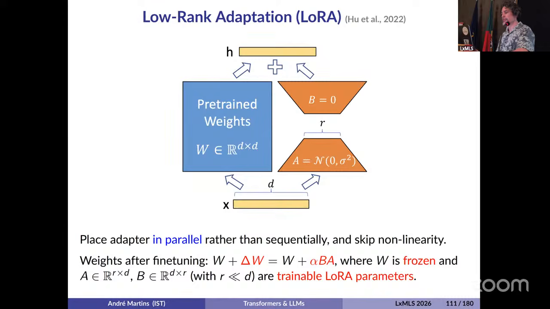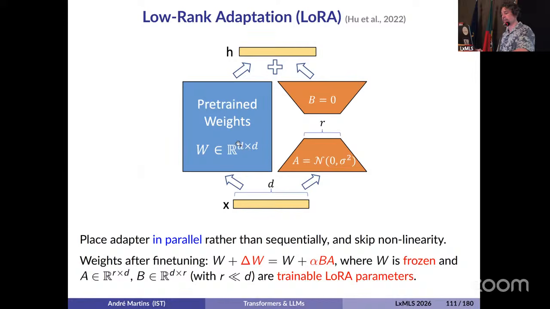Another strategy that became a lot more popular is LoRA, or low-rank adaptation, which is the same idea, but now the adapter is placed in parallel instead of sequentially, and they get rid of the nonlinearity.